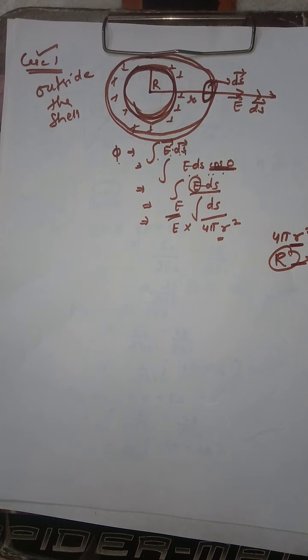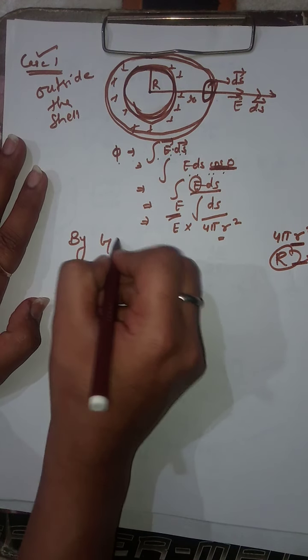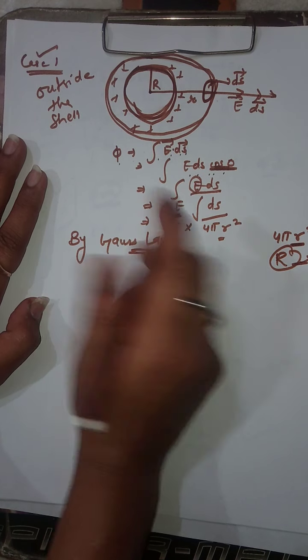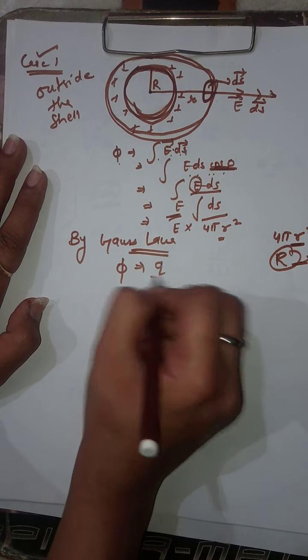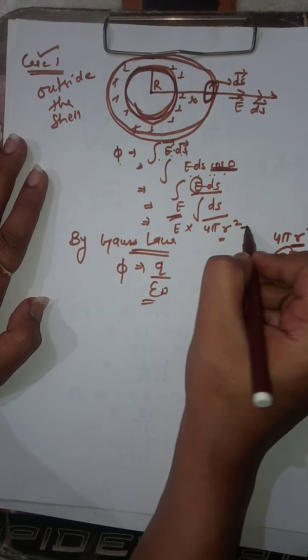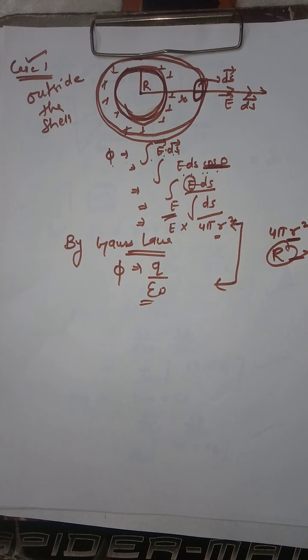Now, by Gauss law, flux is equal to Q by epsilon naught.